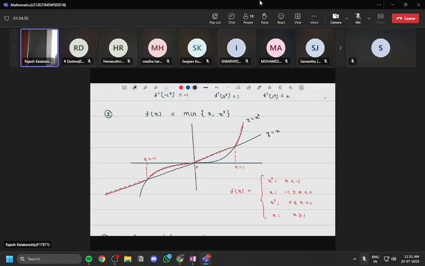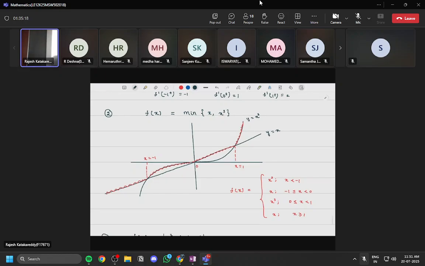If I differentiate this one, you are clear with continuity, right? It is continuous everywhere. That argument is okay. Now differentiate it, remove all equalities, then check at minus 1, at 0, at 1.